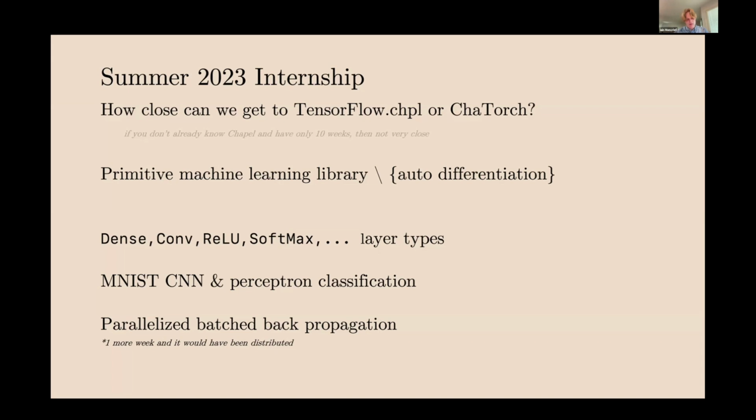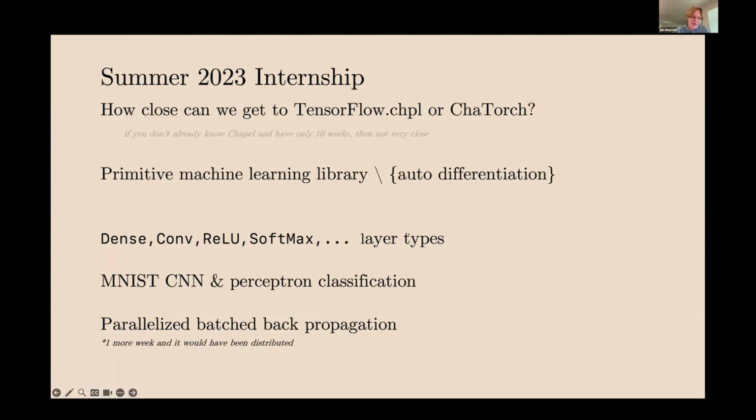The library was sort of analogous to a naive Python implementation using just plain NumPy. It was also written completely in Chapel, so it wasn't the most optimized, but it was a proof of concept that you could write machine learning programs in Chapel.